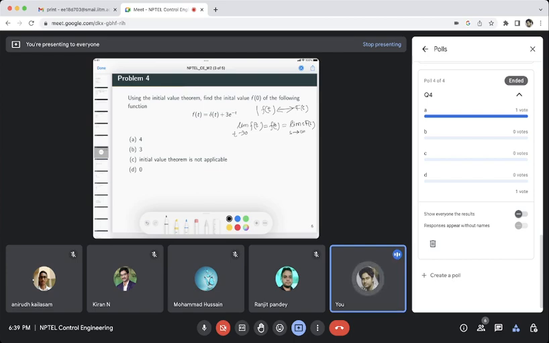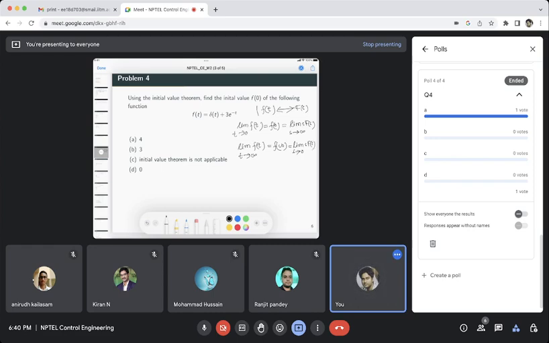And the final value theorem says that f of t as t goes to infinity, which is f of infinity, the function value at infinity, is simply the limit of s F of s as s goes to 0.